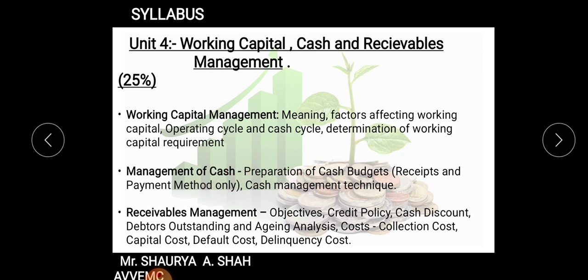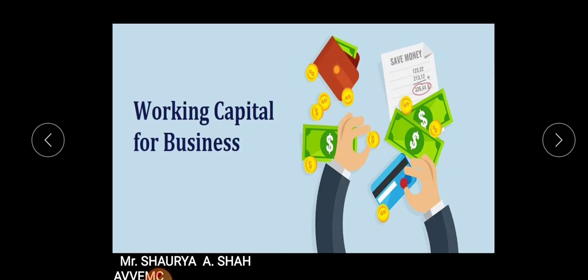The second part is related entirely to receipts and payments of cash: how cash is received from which sources, and for which purposes you need to pay it, the application of funds. And the last part is receivables management, fine? Again a lengthy chapter, but very easy to understand because the majority of the things are already clear to you. So we will start with the very first part of the unit, working capital management, today.